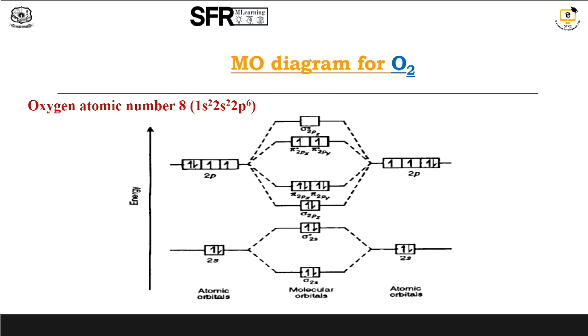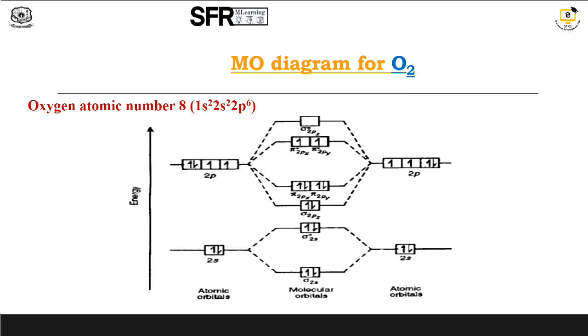So, this is the MO diagram for O2. For O2 plus, one electron is removed from the anti-bonding molecular orbital. The electron is removed from the pi star orbital, which has anti-bonding character.